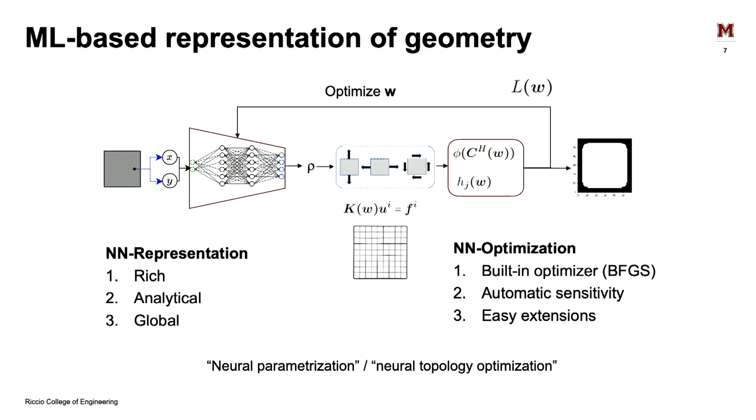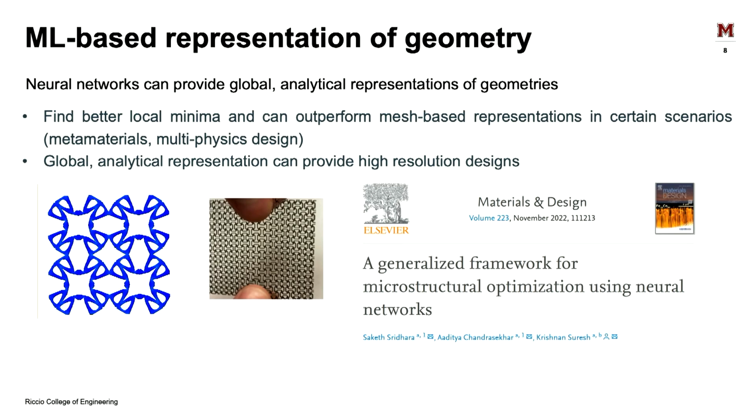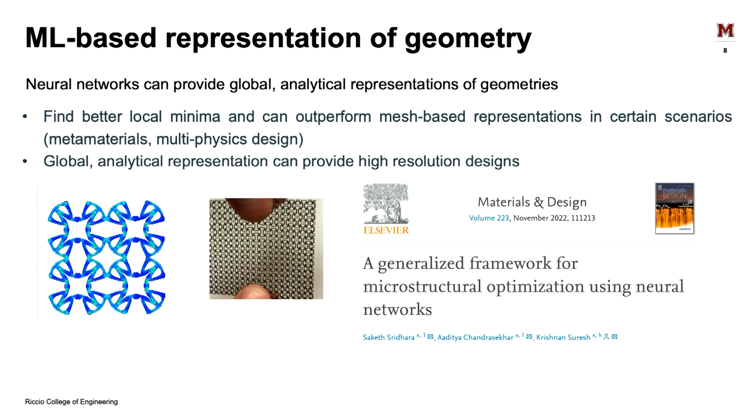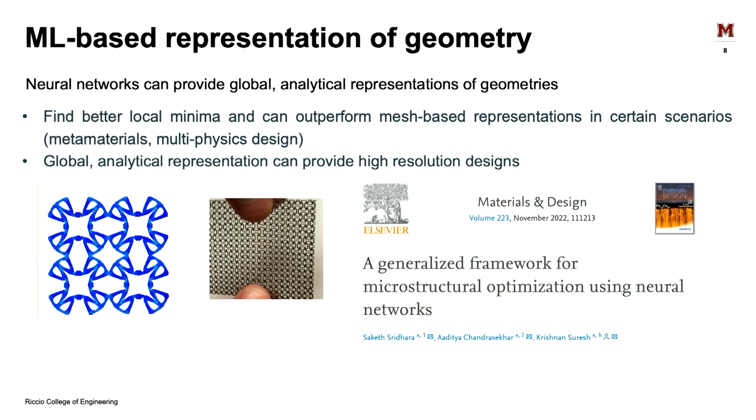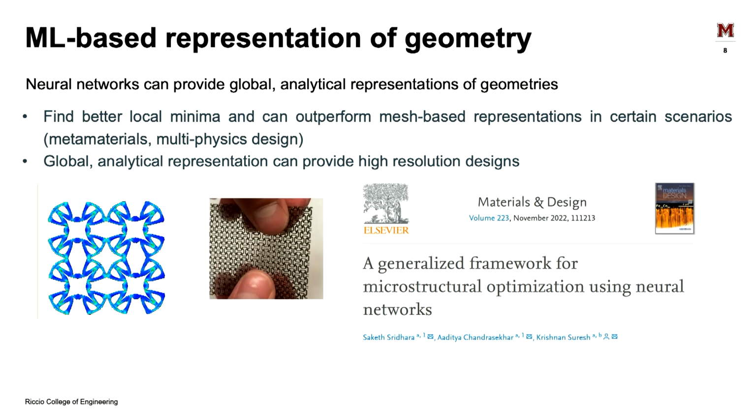I'm not going to go into detail here about using neural networks to represent geometries for topology optimization. Some of you in the audience have worked with these methods, but I would specifically focus on a couple of things that recently have been coming out in the papers, that neural networks can tend to find better local minima for non-compliance problems.